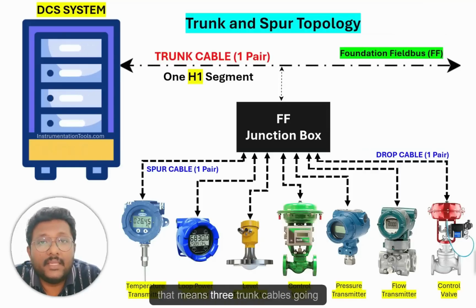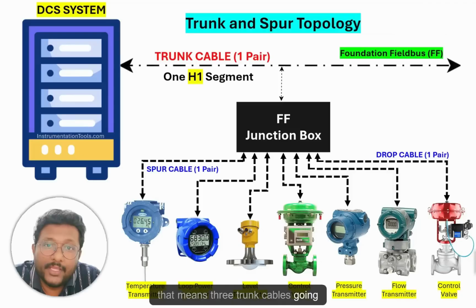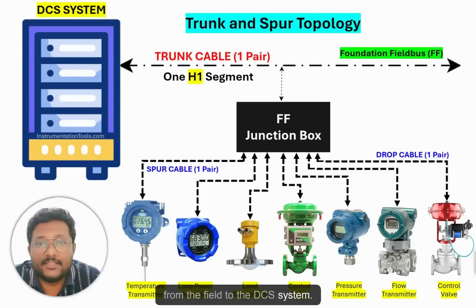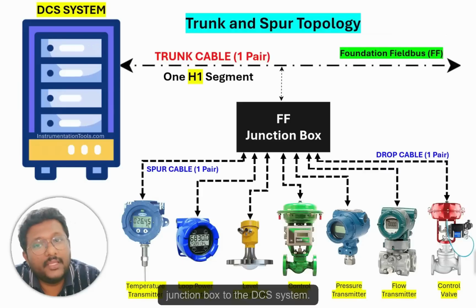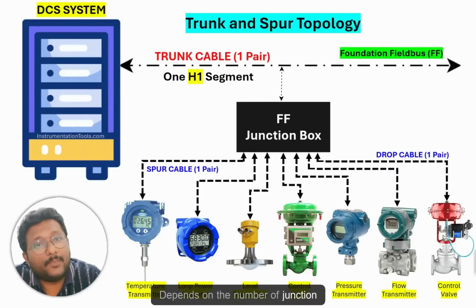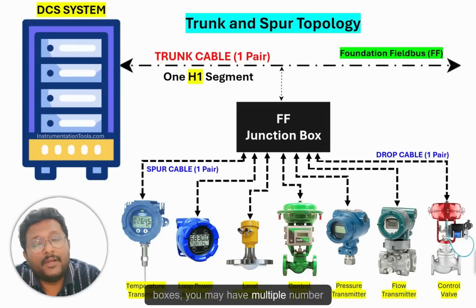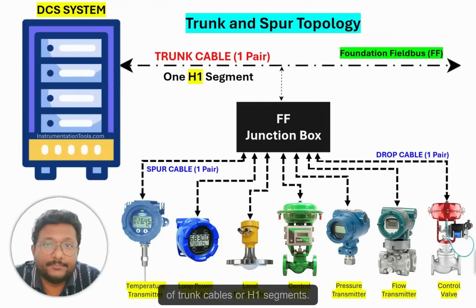That means three trunk cables going from the field to the DCS system. One trunk cable from the FF junction box to the DCS system. Depending on the number of junction boxes, you may have multiple trunk cables or H1 segments.